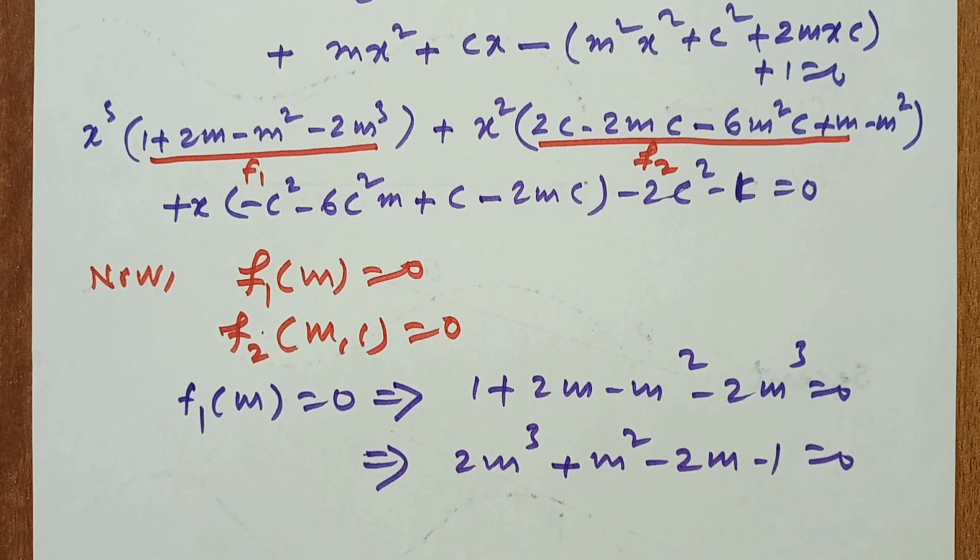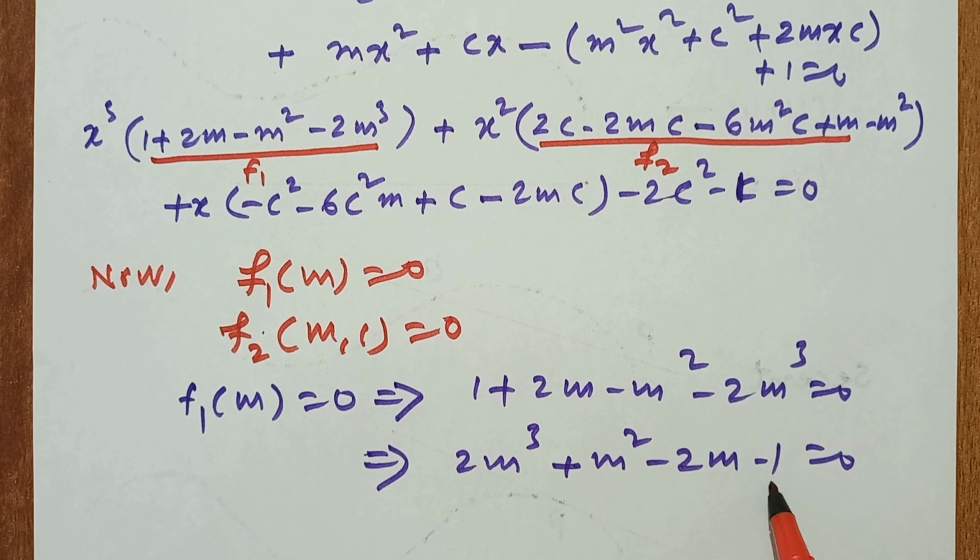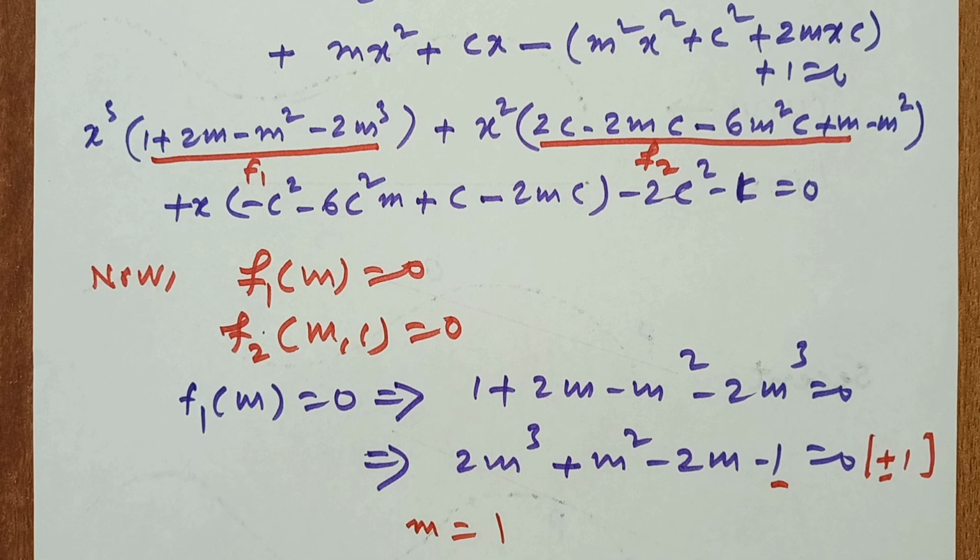By the inspection method, here the constant is 1, so the divisors of 1 are plus 1 or minus 1. This is the rule to solve such an equation. Here the equation is third degree in m, so first we will try by putting 1. If we put 1, this is equal to 0, which means m is equal to 1 is a root of this equation.